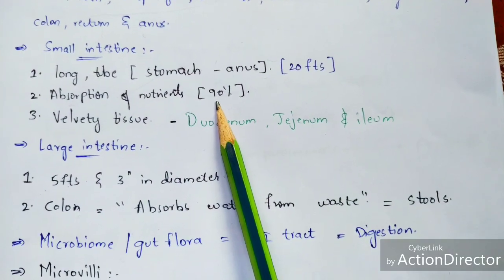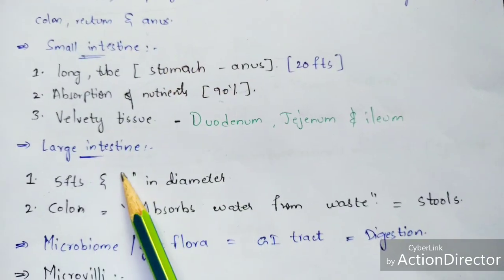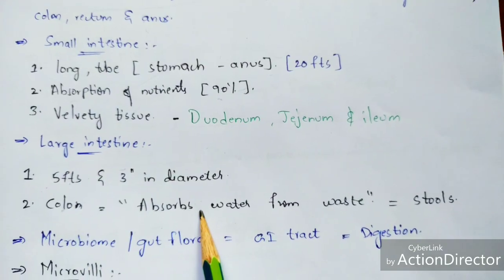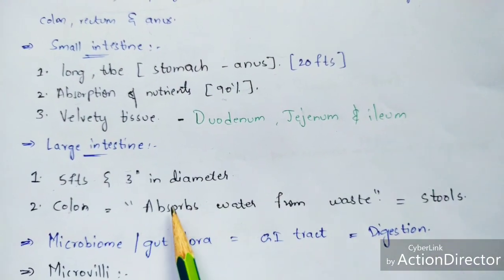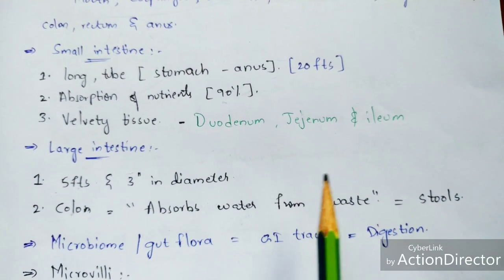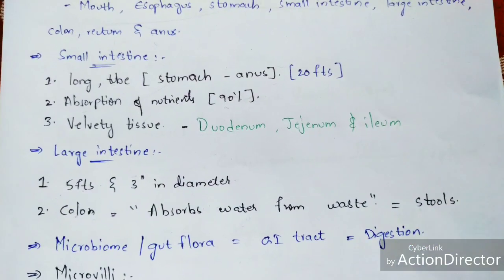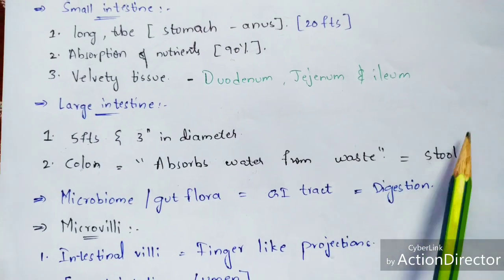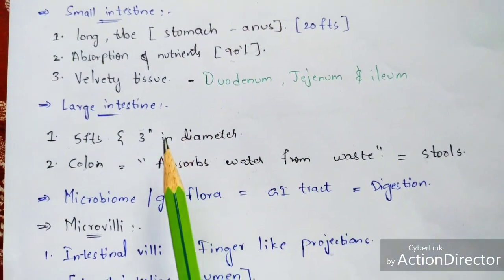After the 90% of the absorption, the waste material is sent towards the large intestine, I mean towards the colon, and then the remaining 10% of the absorption takes place. That is nothing but water absorption. When the water is absorbed from the waste, the remaining part left over is called stool, or fecal matter, and that fecal matter is sent out through the anus. So this is just the introduction part of the human digestive system.